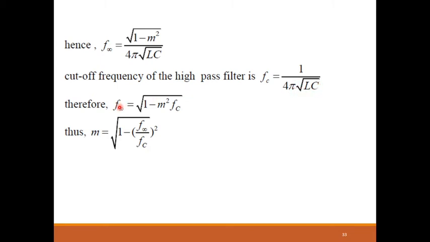Therefore the infinite frequency f infinite becomes like this, square root of 1 minus M square into fc. So that M should be equal to the square root of 1 minus f infinite by fc whole square. So for this case, the M value is obtained in the high pass filter.